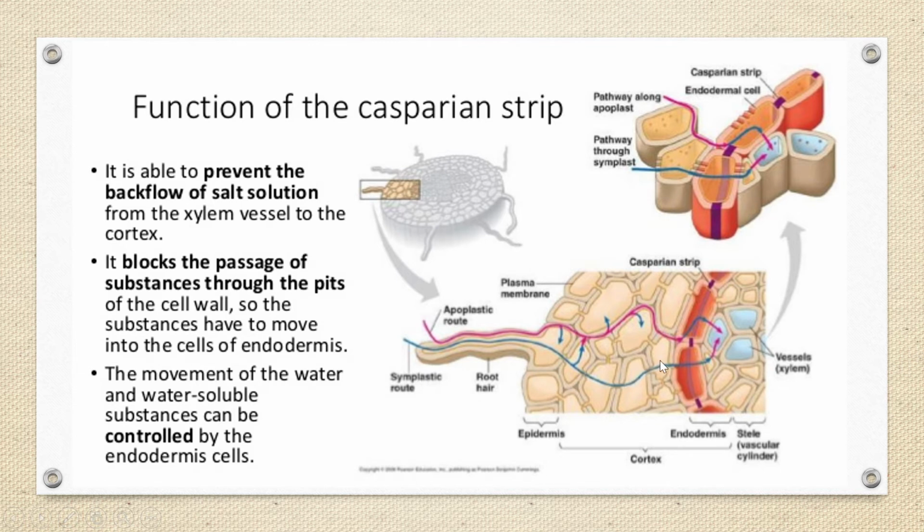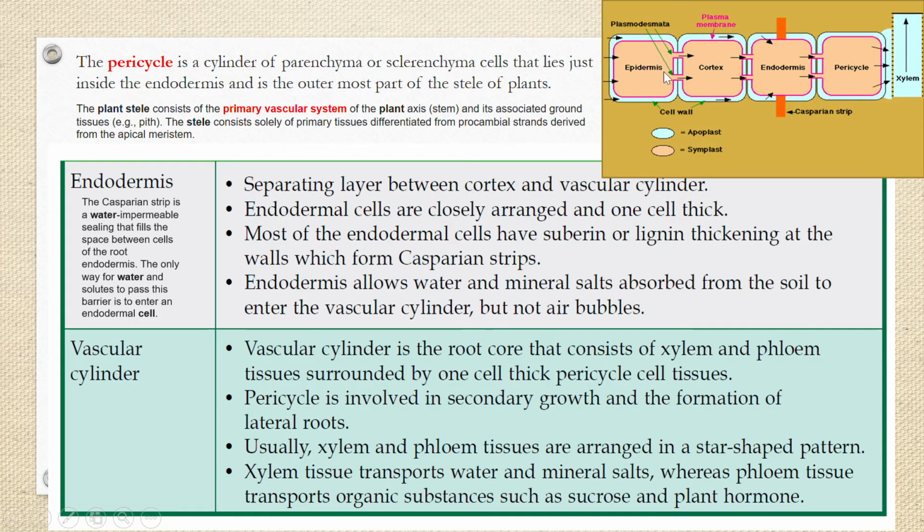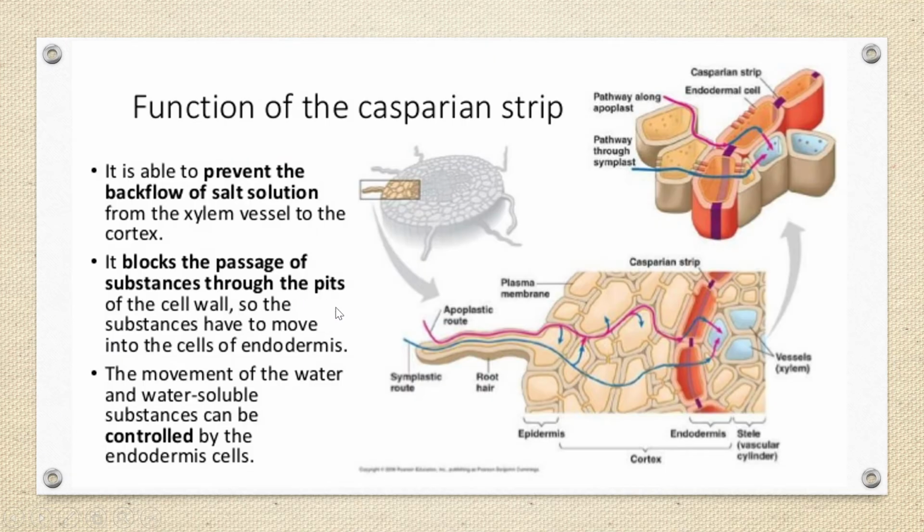So in other words, the movement must be within the cells. You see, it is within the cells here. So it doesn't go this way, but must go into the cell itself, the cells of the endodermis.